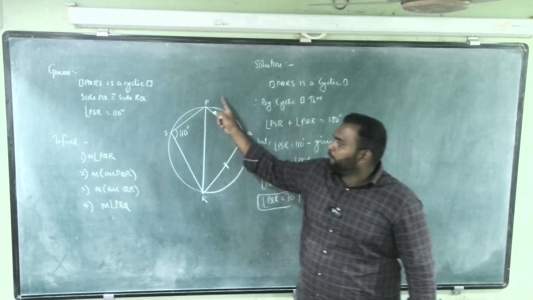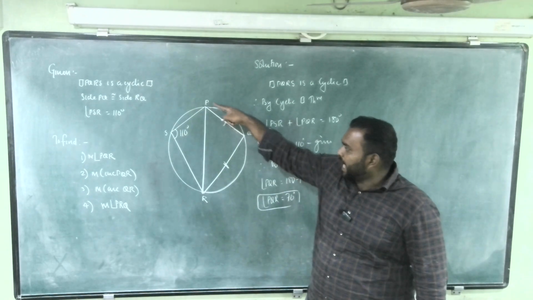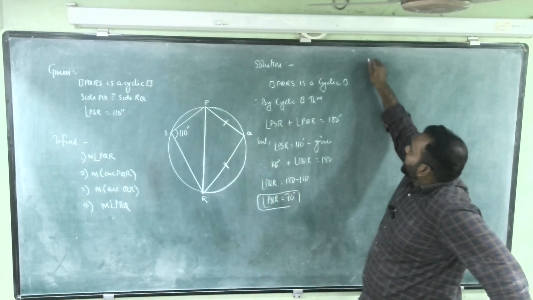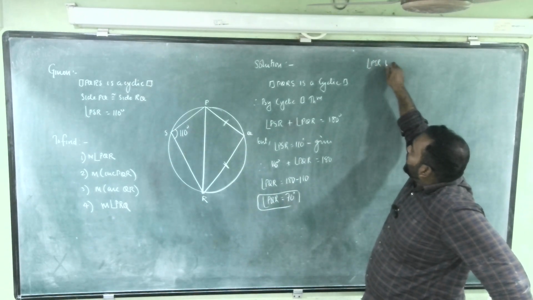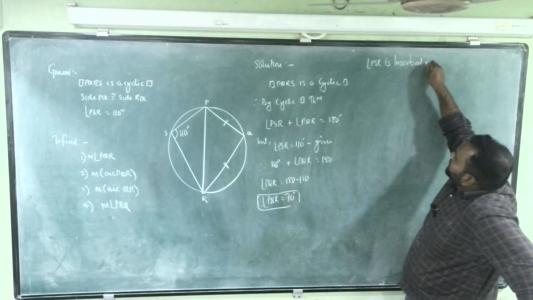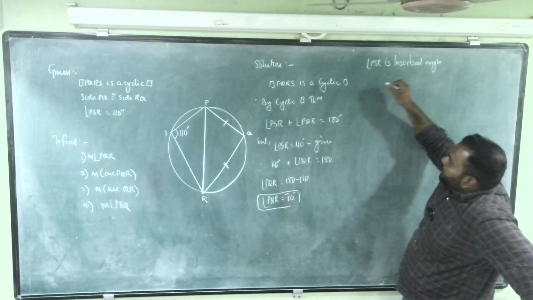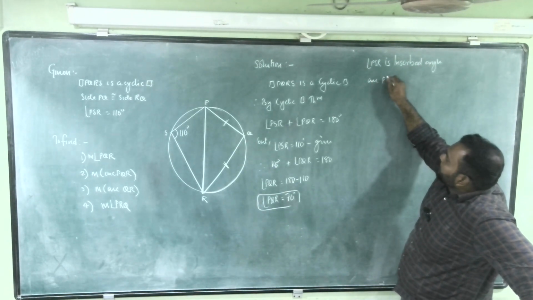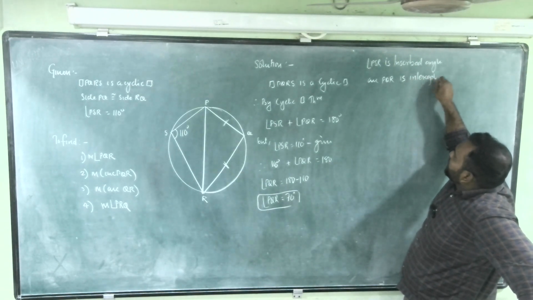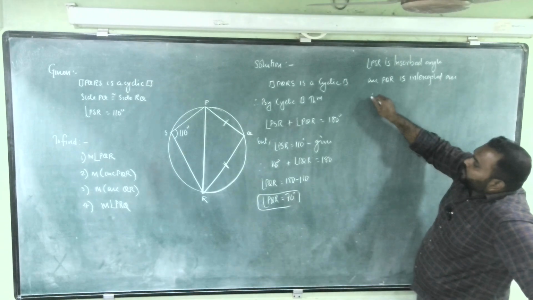So I'll write angle PSR is inscribed angle and arc PQR is intercepted arc. Therefore, by which theorem?